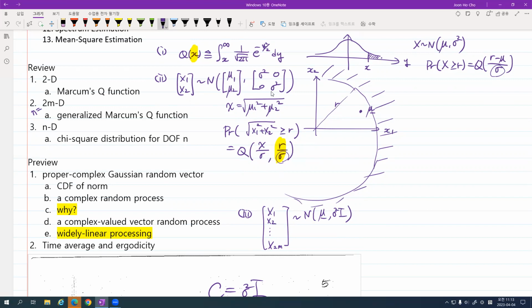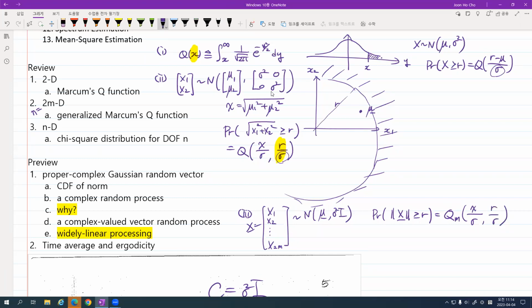And again, what you want to do is that if we define this as a random vector x, then the probability that the 2 norm of x is greater than or equal to r is written in terms of the generalized Marcum Q function, Q sub m, and here goes the same thing, chi divided by sigma and r divided by sigma.